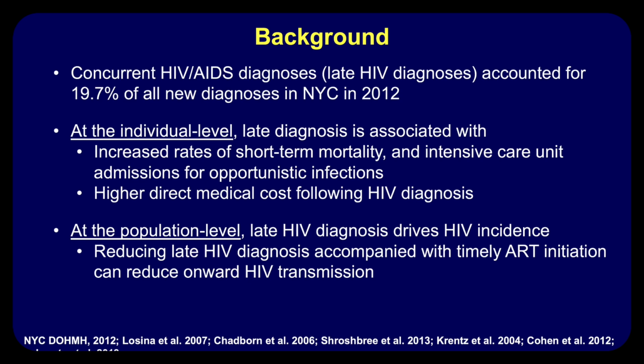And at the population level, being diagnosed with HIV late means that someone has had HIV infection likely for maybe 8 to 10 years before they are aware of it, and that could have resulted in onward transmission and contributing to the burden of HIV incidence in the population. And we do know from clinical trials now that reducing late HIV diagnosis accompanied with a timely initiation of treatment can reduce onward HIV transmission.